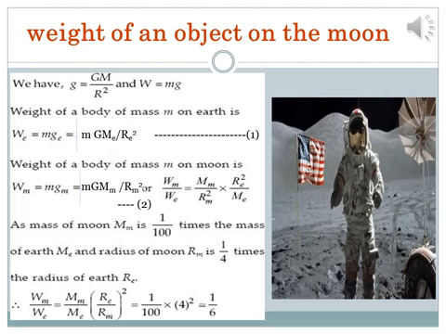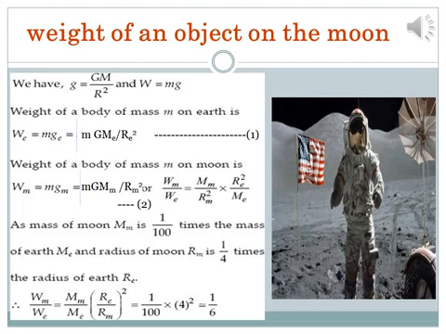Then weight of the same body on the moon is given by Wm is equal to m gm, which is equal to m G Mm divided by Rm square. This is expression number 2 since gm is equal to G Mm divided by Rm square, where gm is the acceleration due to gravity of the body on the moon, Mm is the mass of the moon and Rm is its radius.